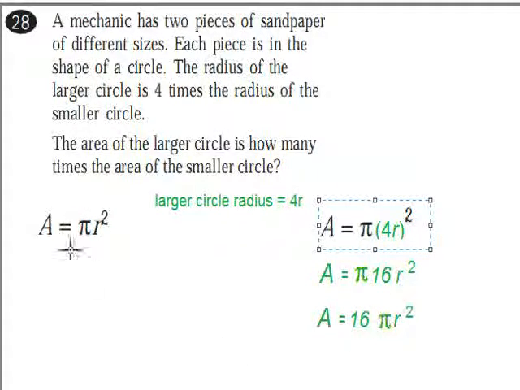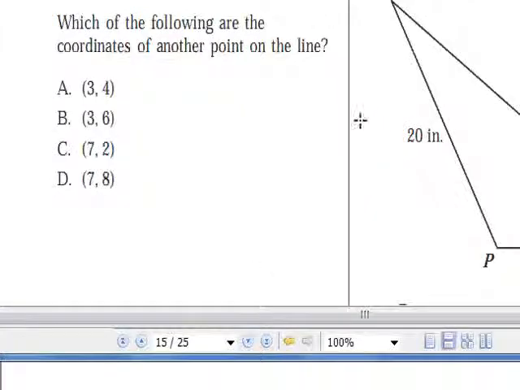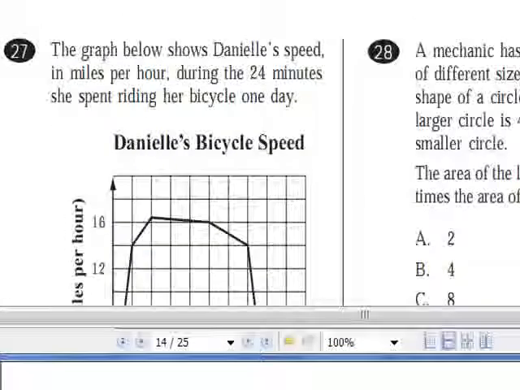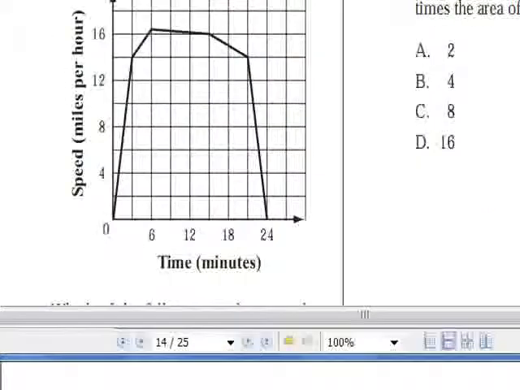And if you look at this and look at the area of the small circle, hey, they're the same. So it's 16 times the area of the smaller circle. And that would be your answer. You would look for the answer 16, and that's that. Or actually, let me even show you it, because it's in here somewhere. 16. Yeah, it's hard to work with Adobe PDF files. It would be choice D, 16.